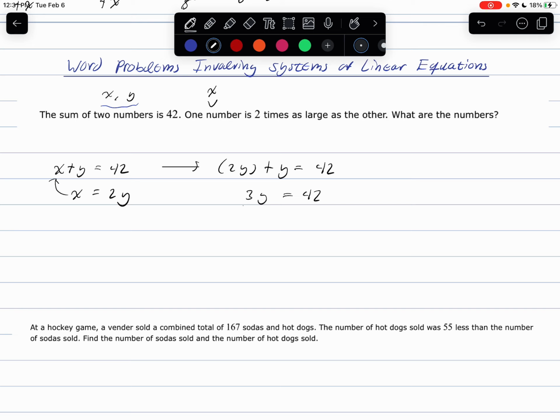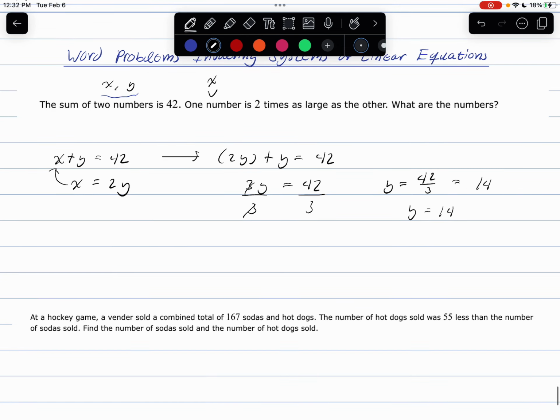We divide both sides of the equation by 3, and we get that y is equal to 42 over 3, or 14. So one of the numbers, y, is equal to 14. Then we can take y equals 14 and substitute it in right here. That gives us x is equal to 2 times 14, which is 28.